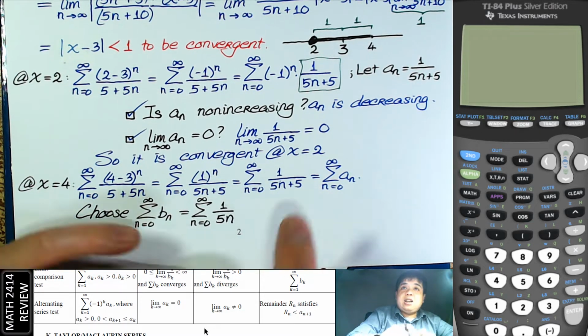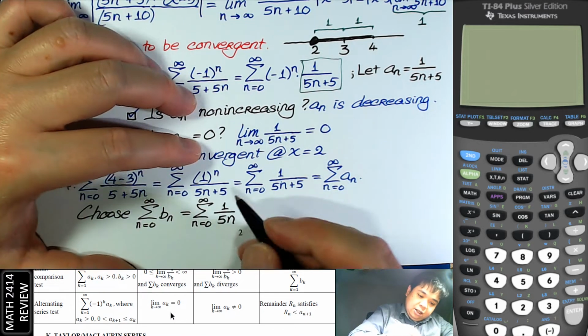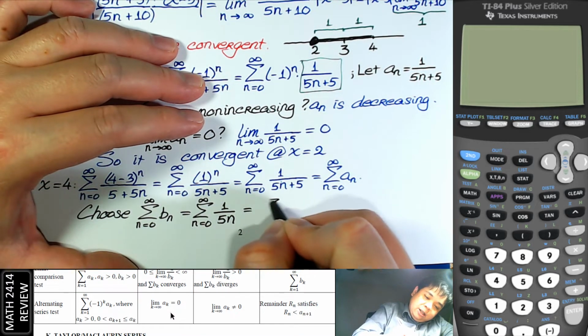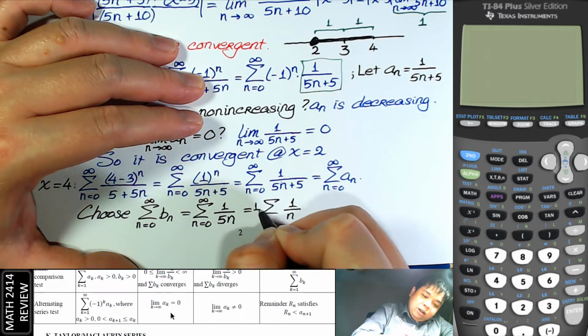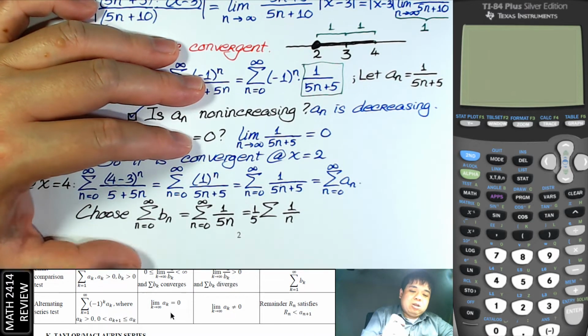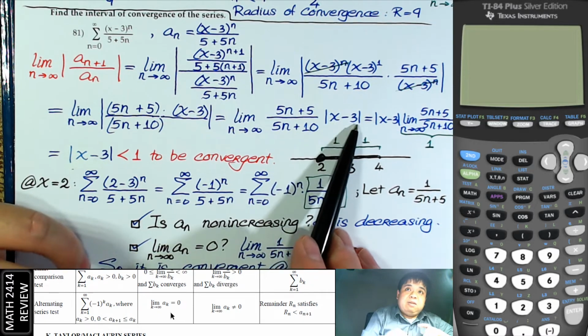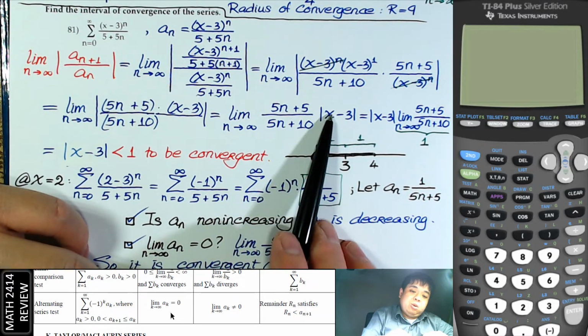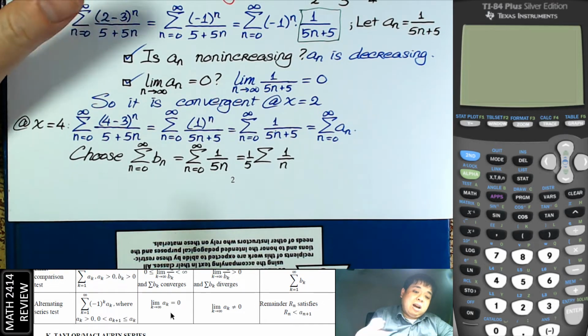Right, so take the highest power when we do the limit comparison test. Or for this, I can just say 1 over n, because the 1 over the 5 doesn't have n in it, we can bring it outside. So this is just like what we did earlier. The x doesn't have n, and this doesn't have n in it, so we can take that outside. Same thing here, the 5, we can take that outside as well.